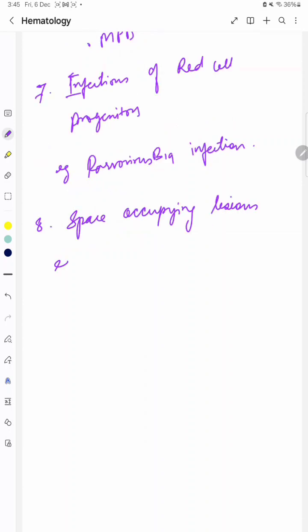Space occupying lesion, granulomatous condition, metastatic tumors.